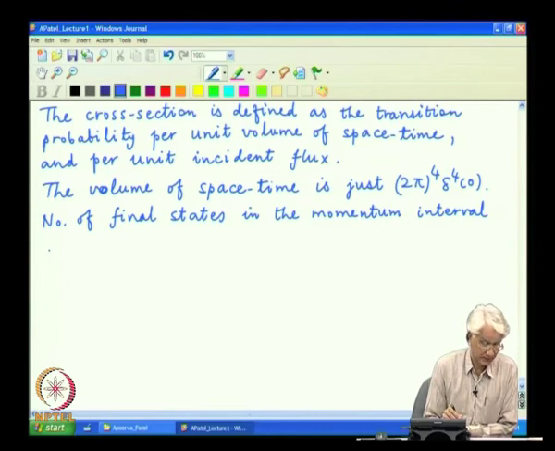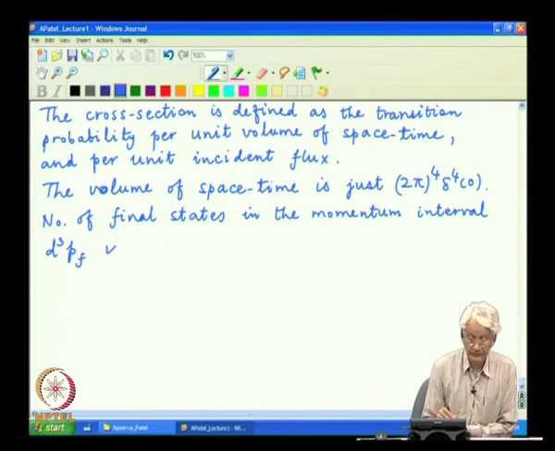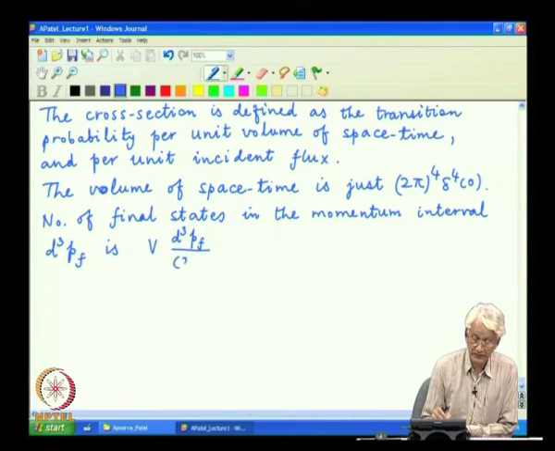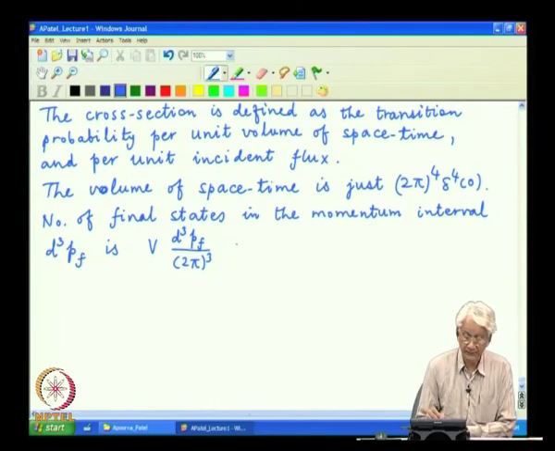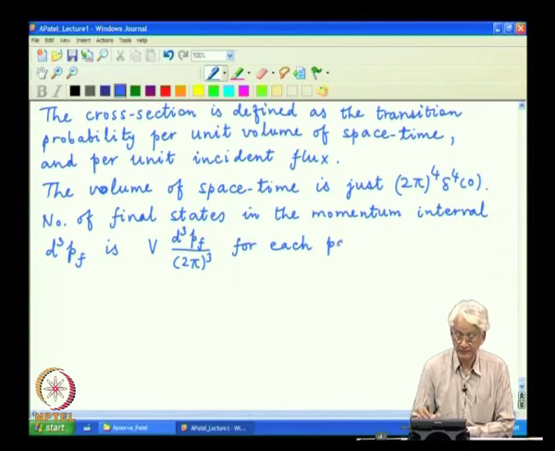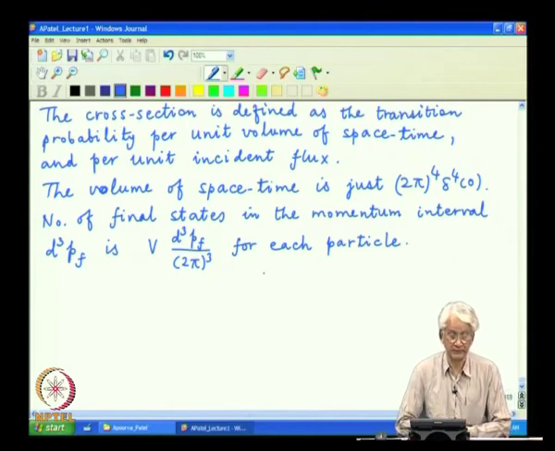So, this object is V d cube p f by 2 pi cube. Again, it comes from the normalization of the states which we have used, and the factors are related to the Fourier transform as well as the box volume.